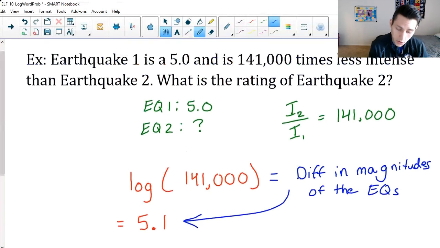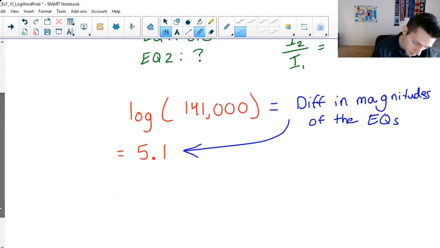So since earthquake 2 is stronger than earthquake 1, then that means I'm going to take earthquake 1's magnitude, which was 5.0, and I'm going to add 5.1.